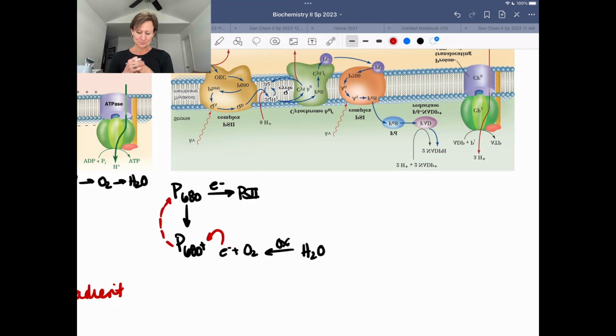One other piece that's important to highlight here is that these electrons get excited. So I'm going to draw a little sun here because these electrons in the chlorophyll are not necessarily high energy.